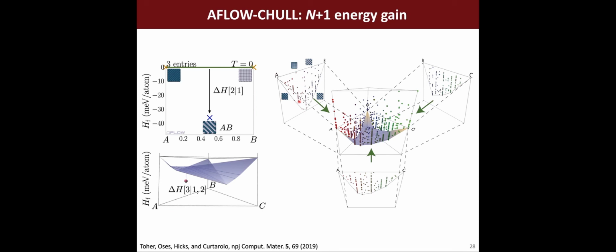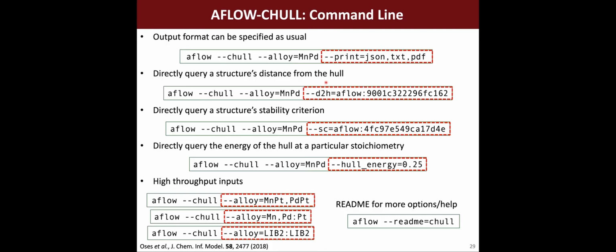So any ternary that has any lower energy than that defined by the binaries is automatically not going to show any enthalpy gain. So that's why stability is recursive. There's an increasing competition as you grow higher and higher in dimensionality for what is going to be the minimum of the overall n-dimensional convex hull. And we can get that from the n+1 enthalpy gain. I'll talk more about some of the consequences of that in a later talk.